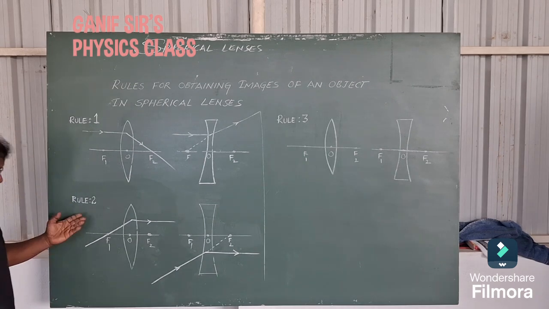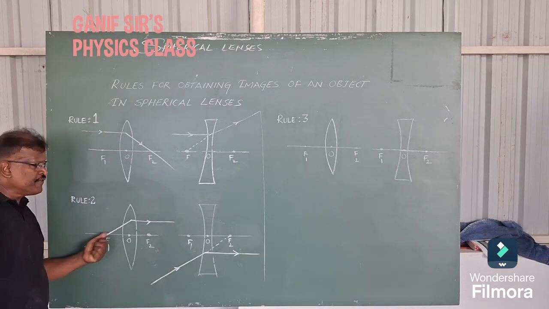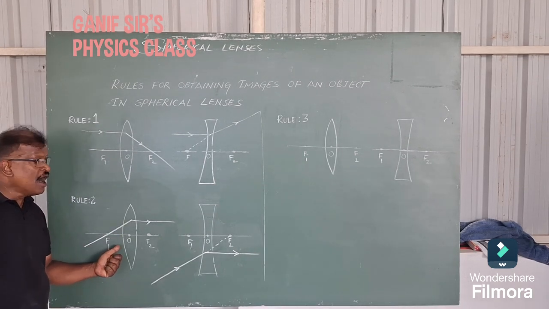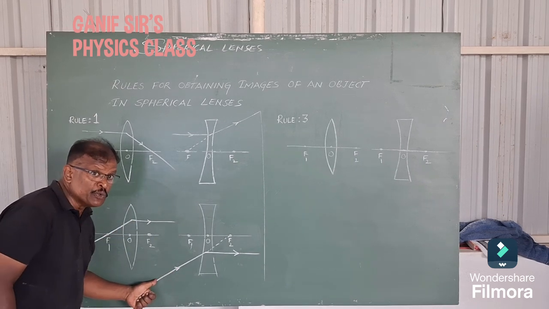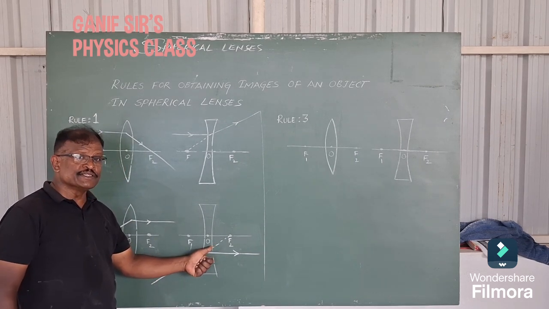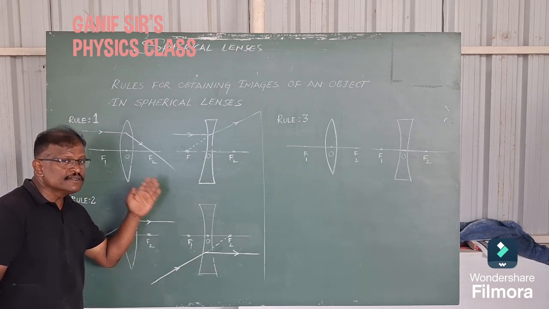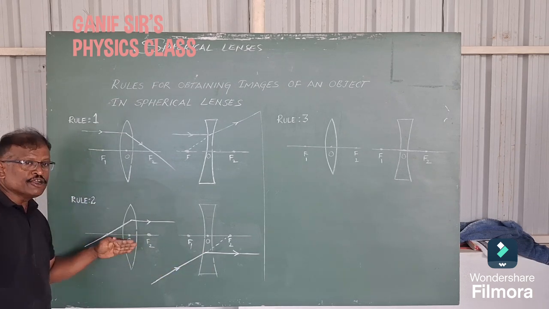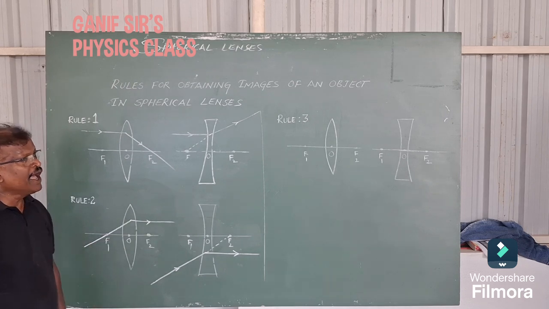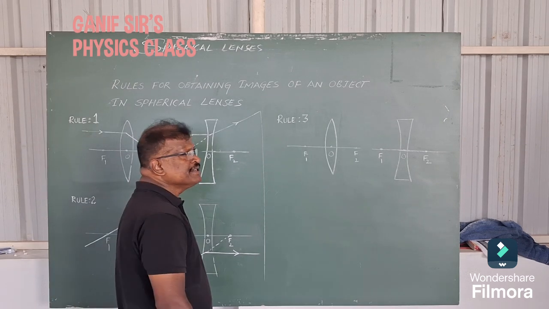Means either you pass through F in case of convex lens, or you aim towards F2 in case of concave lens, after refraction they become parallel. So this is the second rule that should be followed. And the third rule is very simple.